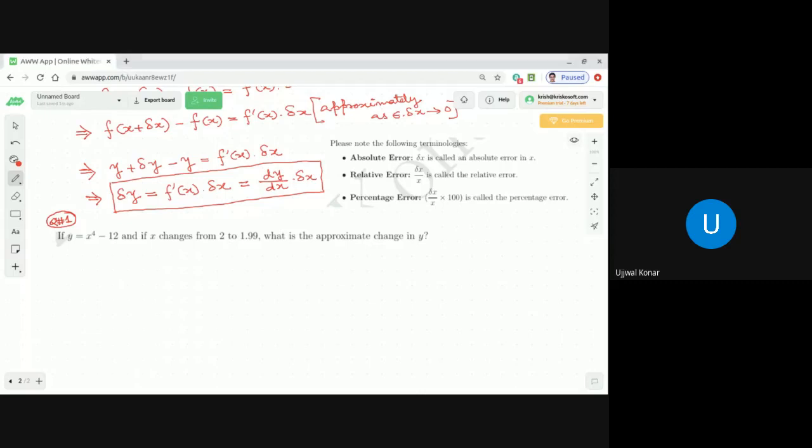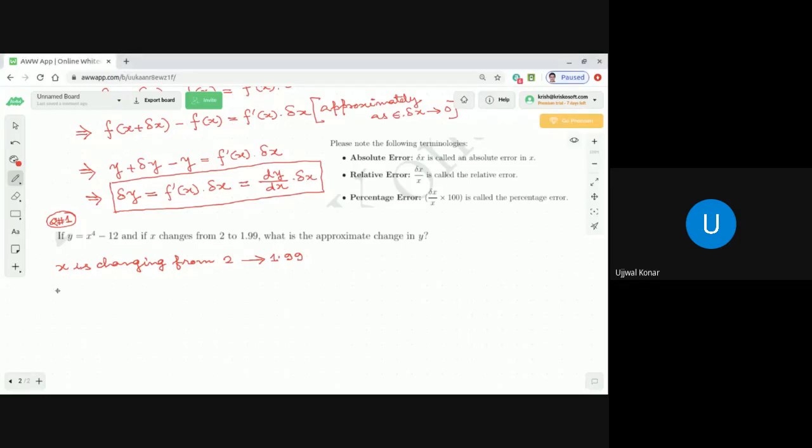So what is x changing from? Let me write it down, dear students. x is changing from 2 to 1.99. That means, what is delta x?